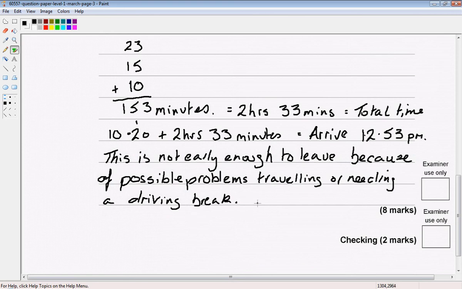And I think that's fair. Obviously you'll write this a lot neater than I am because I'm using a computer to do this.